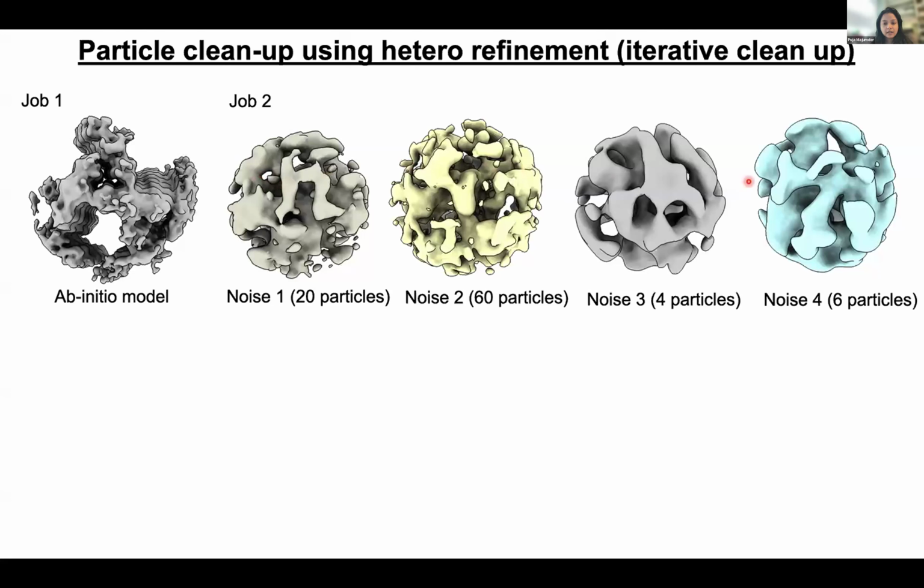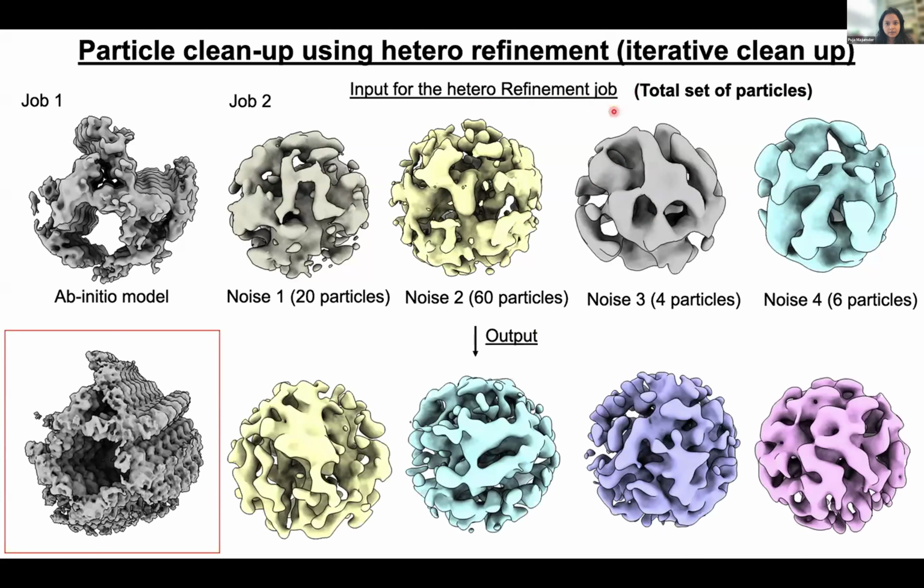The way I create these noise volumes is that I start the ab initio model job and kill it very quickly, as soon as each volume has more than 0 particles. After killing the job, I mark it as complete and use these volumes as the input for the next round of hetero refinement job. And I use the total set of particles which we would like to clean.